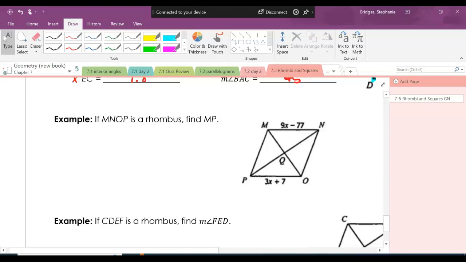Once you find your X, you're going to plug that back in to find the length of MP. MP is going to be the same as any other side in that rhombus.